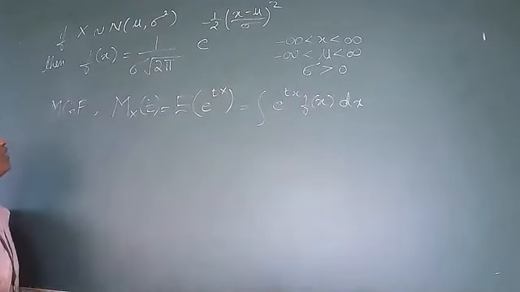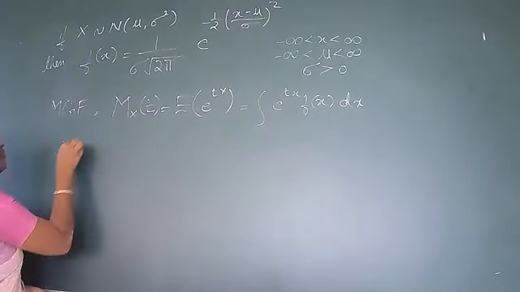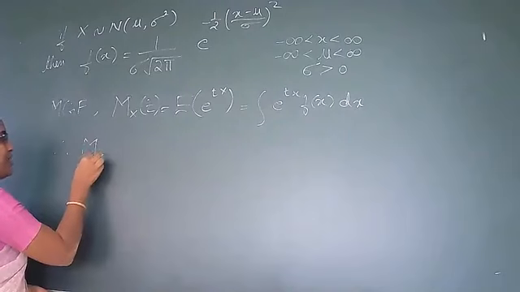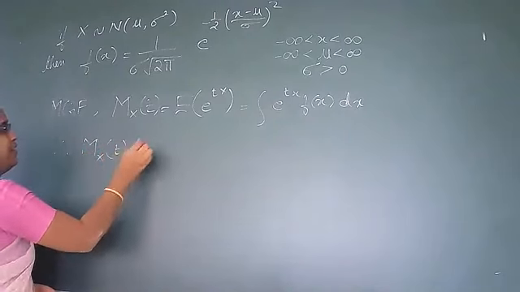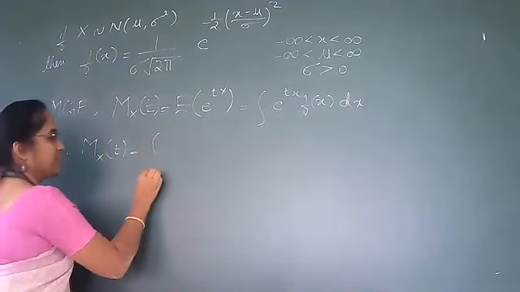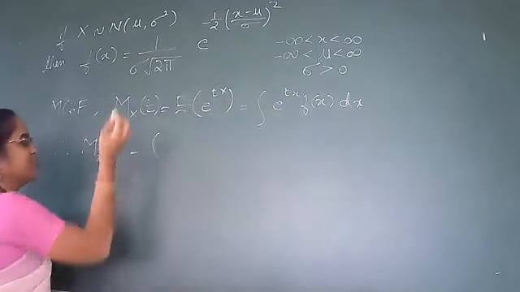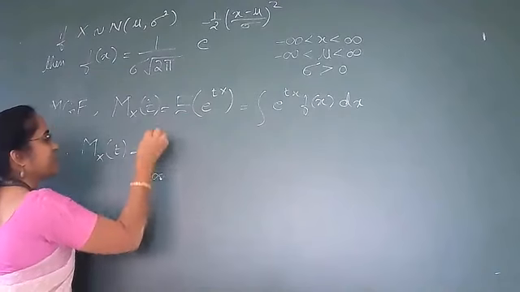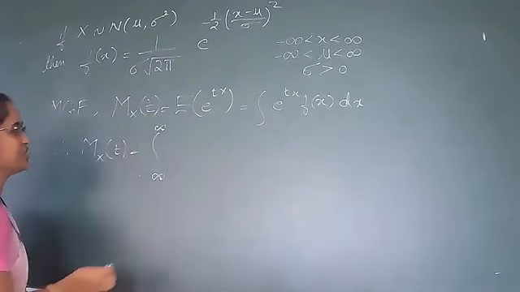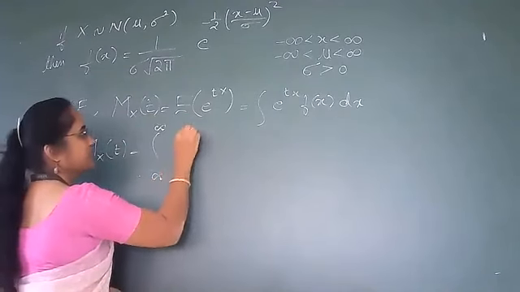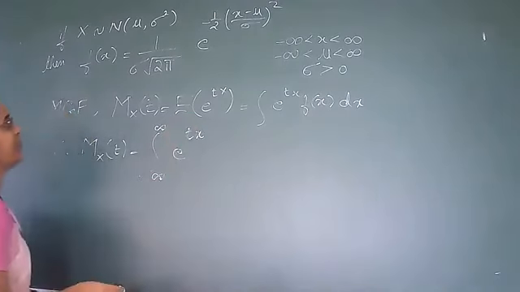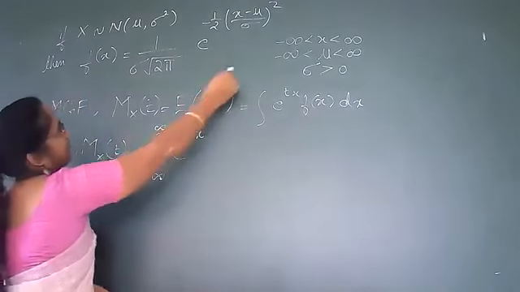Here we are talking about the normal distribution, and therefore the MGF M_X(t) is given by the integration. What is the range of x for us over here? It's from minus infinity to plus infinity. So the integral from minus infinity to plus infinity of e raised to tx, f(x), where f(x) is the PDF.